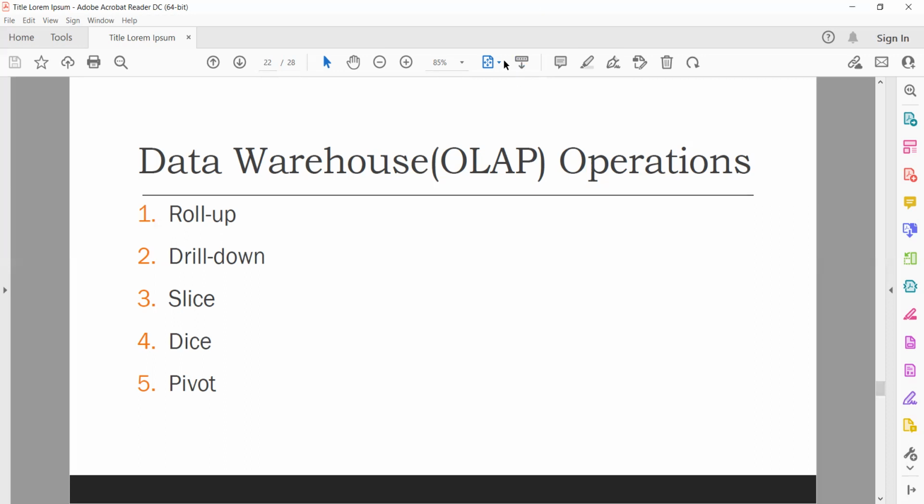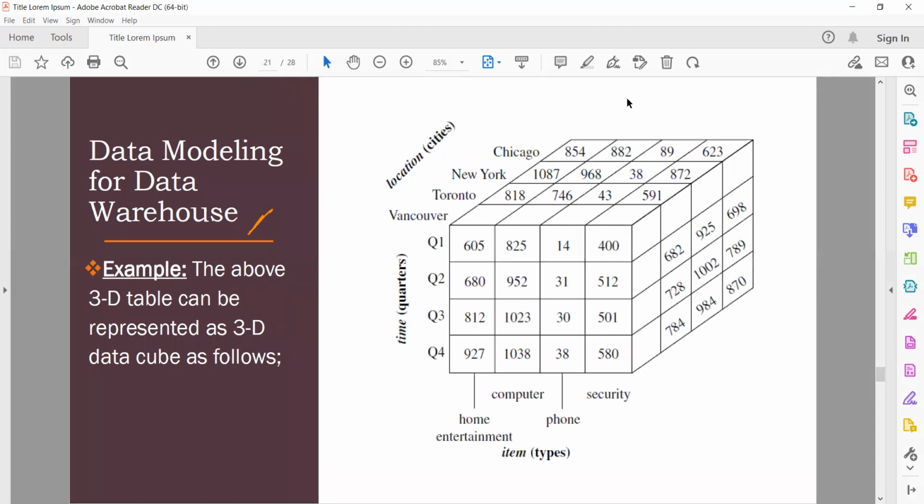Anyone? I'm asking, what is roll up? This is the way we describe the data in 3D cubes.